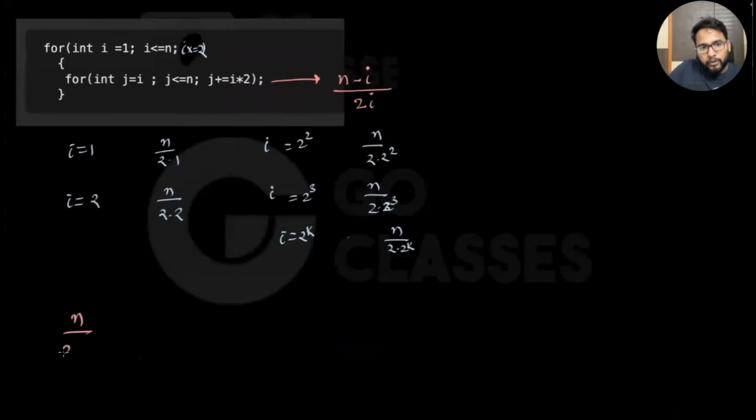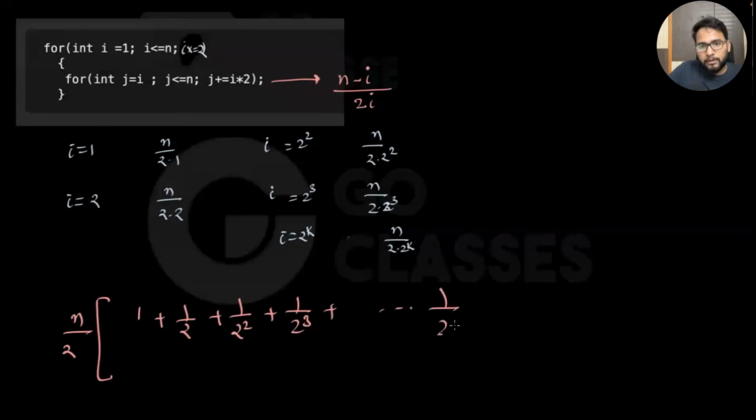See, n upon 2, I take common, 1 plus 1 by 2 plus 1 by 2 square plus 1 by 2 cube plus 1 by 2 power k. Is that right? Or is there something I missed? I think this should be right, right?